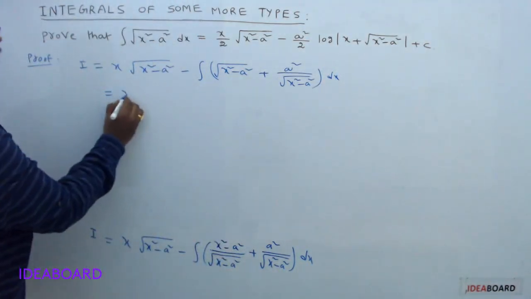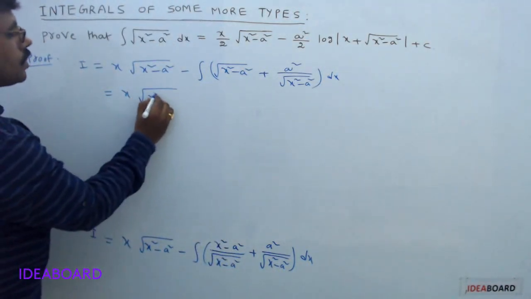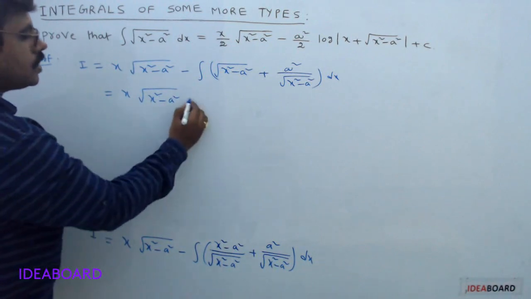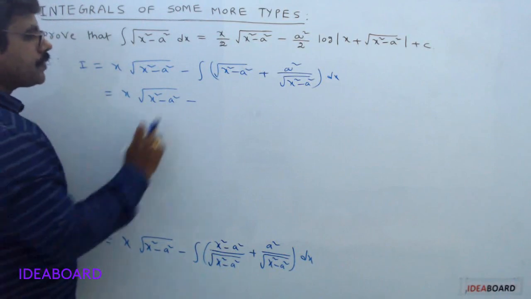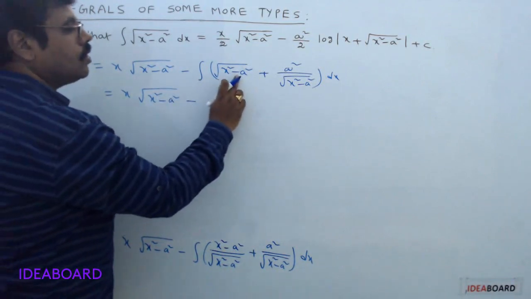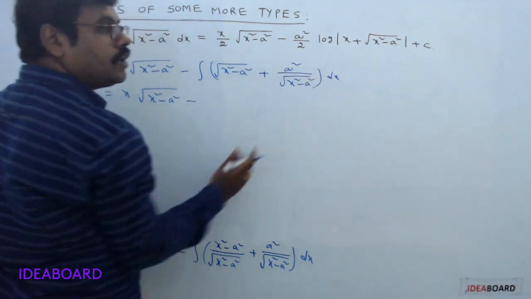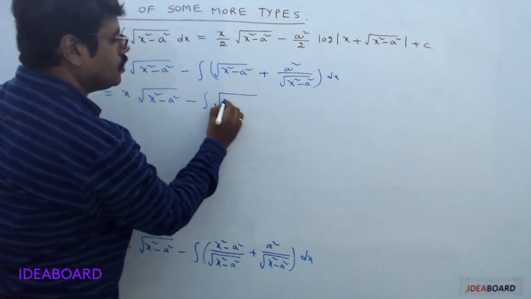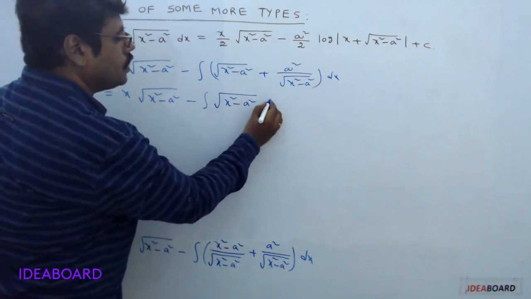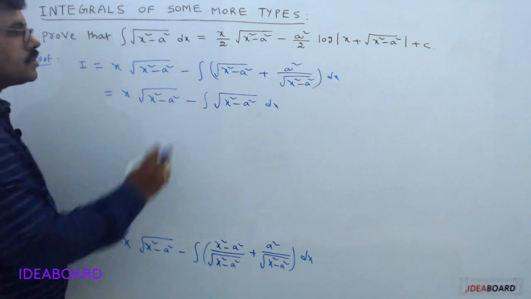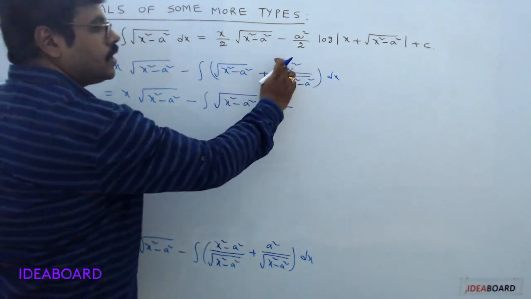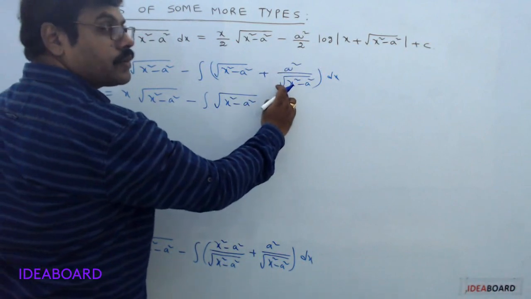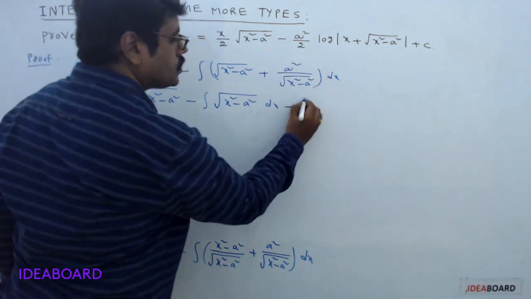Now this is equal to x into square root of x square minus a square minus, now separate these two terms with integration, minus integral root of x square minus a square dx minus into plus minus integral a square divided by root of x square minus a square dx.